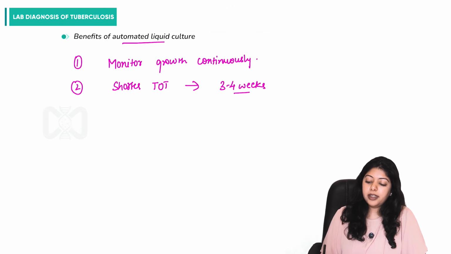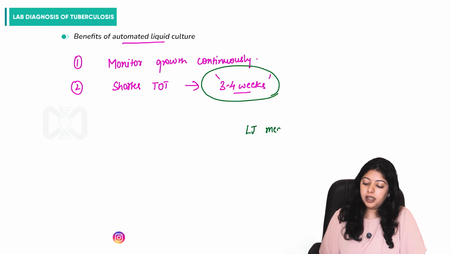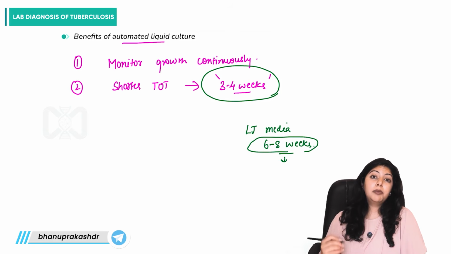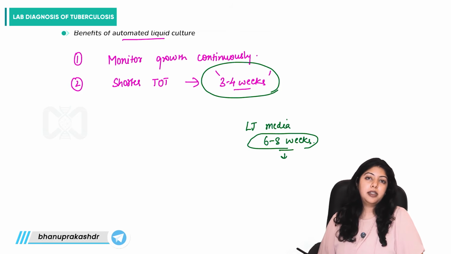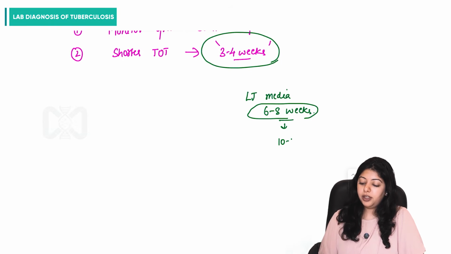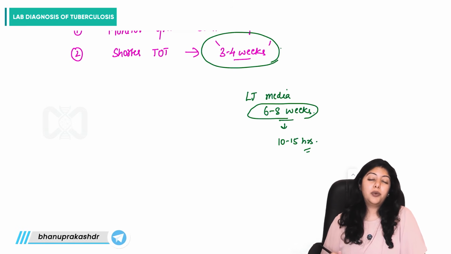So if there is any growth, it gets detected within 3 to 4 weeks, which is not the case with conventional culture medias like the agar-based medias. When we use LJ media, it takes around 6 to 8 weeks for the growth to appear, right? And why is that occurring? Because of the slow growing nature of Mycobacteria species, and that too because of the longer generation time, around 10 to 15 hours. So this is an added advantage of using liquid cultures over the agar-based medias.